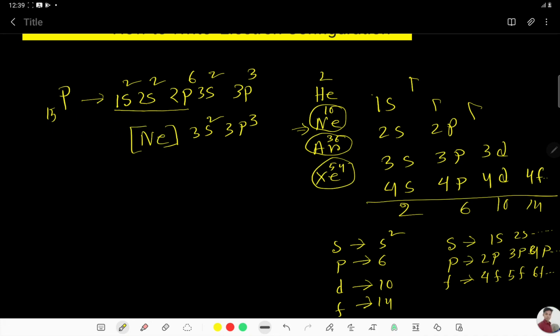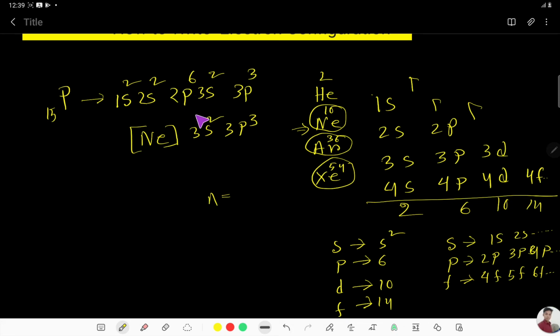Okay. Now I will ask you a question: how many valence electrons does phosphorus have? From the electron configuration of phosphorus, you can easily find the valence electrons. Look, for finding valence electrons, you have to find the valence shell by looking at the value of n. The highest value of n indicates the valence shell.